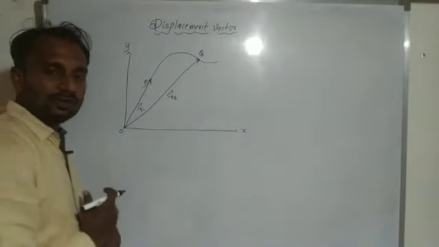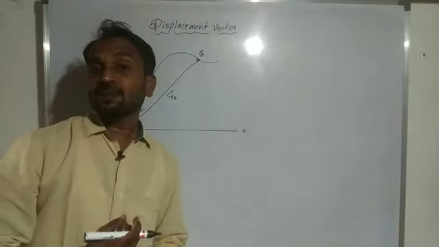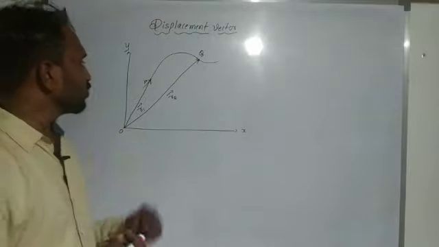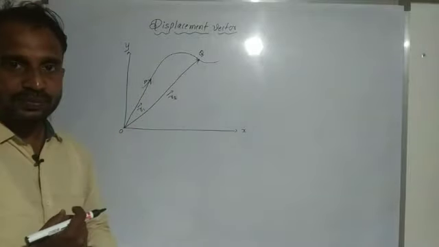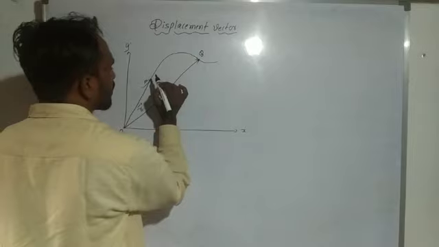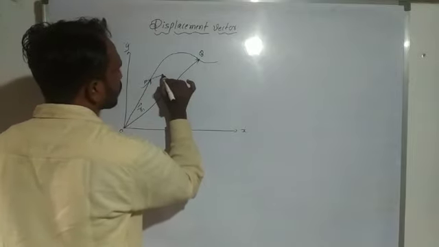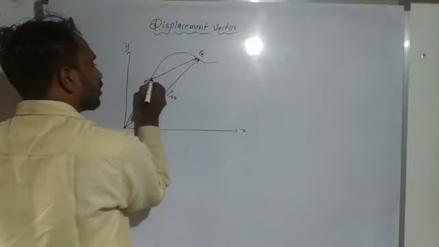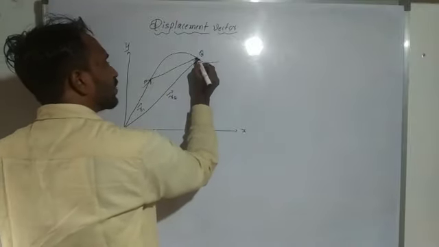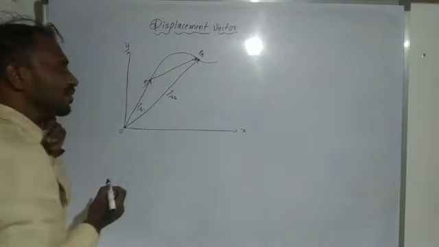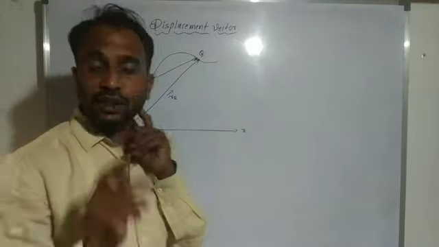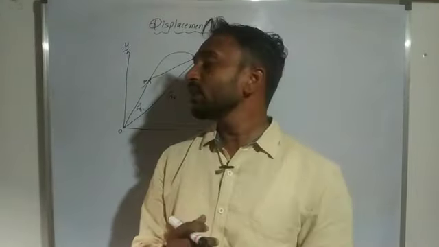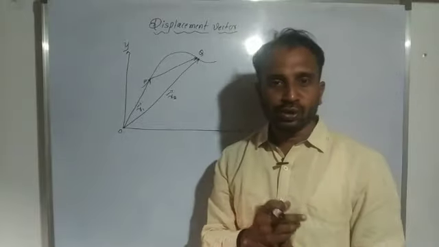So we want to calculate the displacement vector, meaning the displacement between P and Q. The displacement vector starts from the initial position and ends at the final position. It means the tail is always at the initial position and the head at the final position.